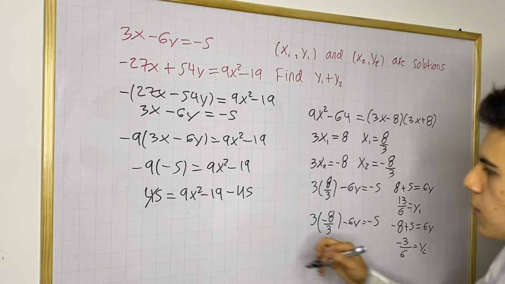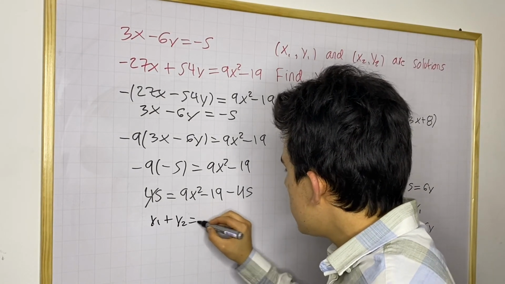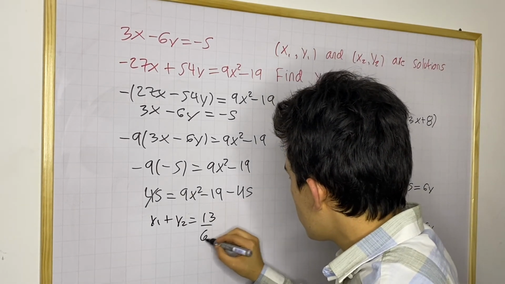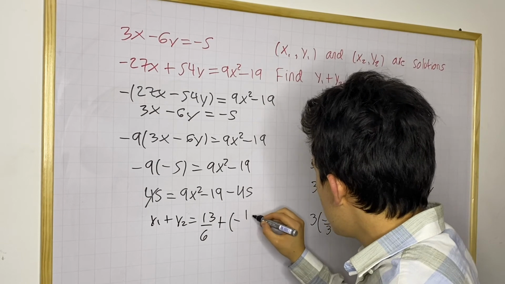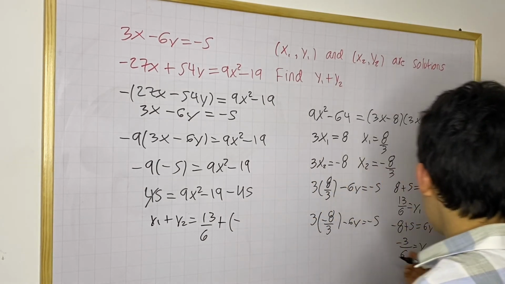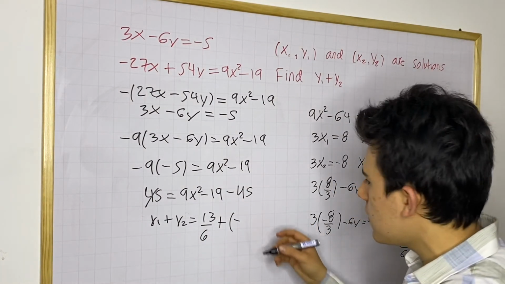So if we do y1 plus y2, this is going to be equal to 13 over 6 plus negative 3 over 6. You could say this is 1/2, but we also have a denominator of 6, so you can just leave it like that.